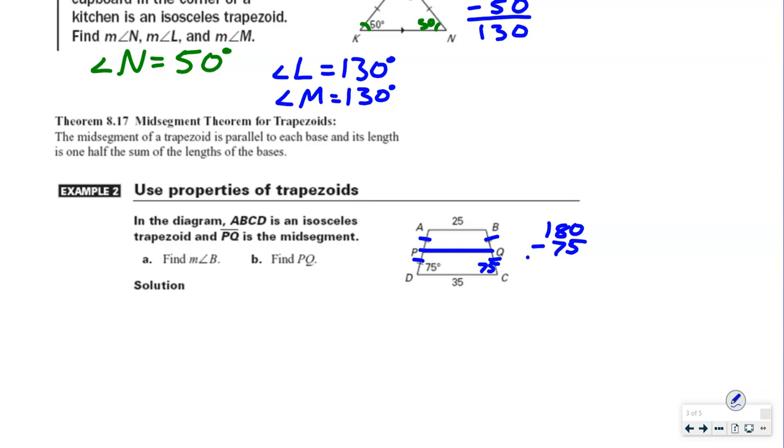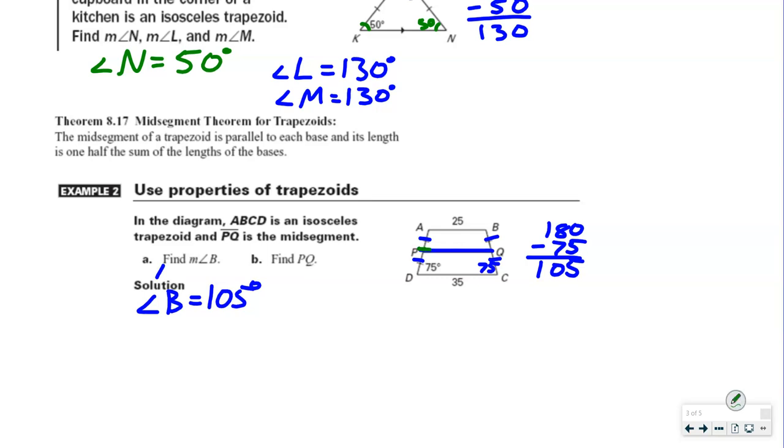And that'll give me angle B. So I know angle B is 105 degrees.